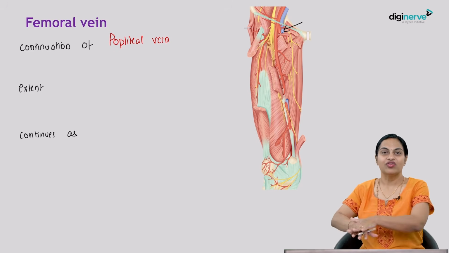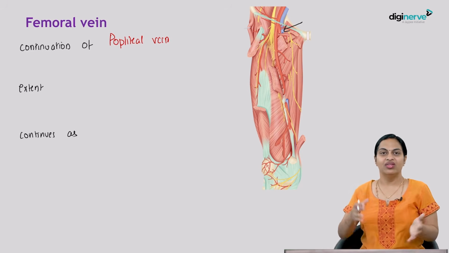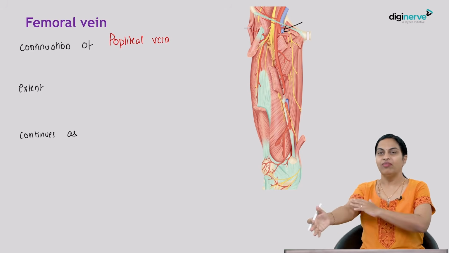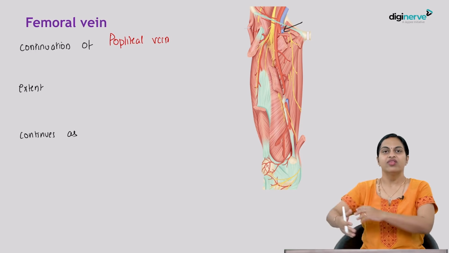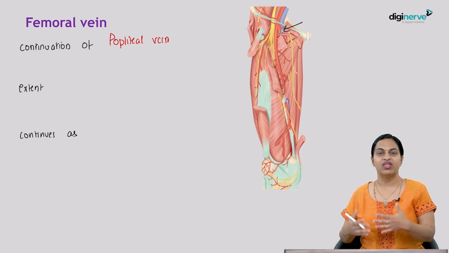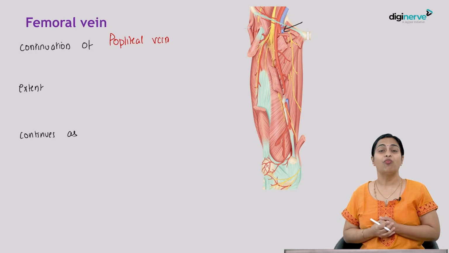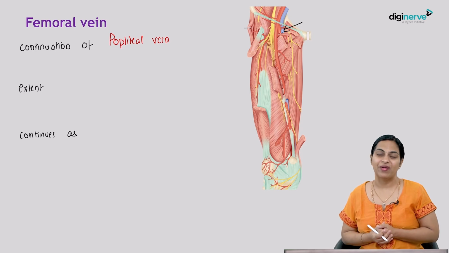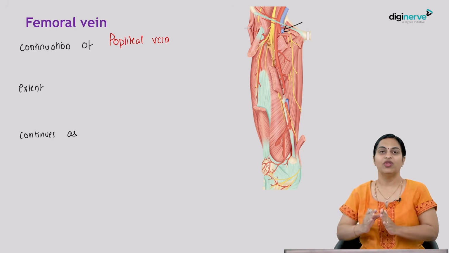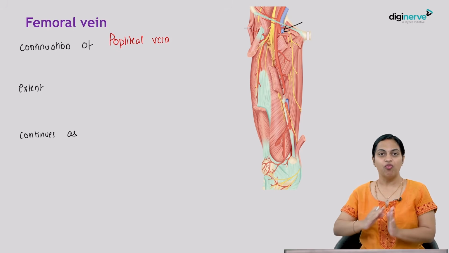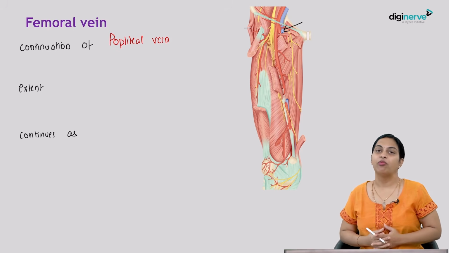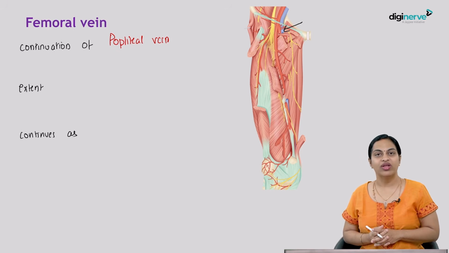And the foot, we learn it as dorsum and sole. At the junction of the arm and forearm, we have the cubital fossa. Similarly, in the lower limb at the junction of the thigh and the leg, on the posterior aspect, we have the popliteal fossa. So here we have the popliteal vein, and this popliteal vein is going to continue upwards as femoral vein.